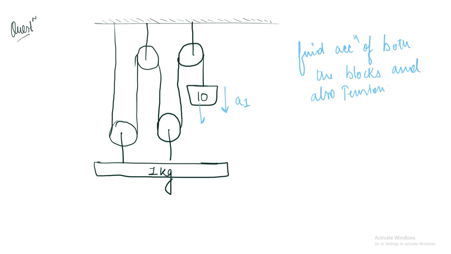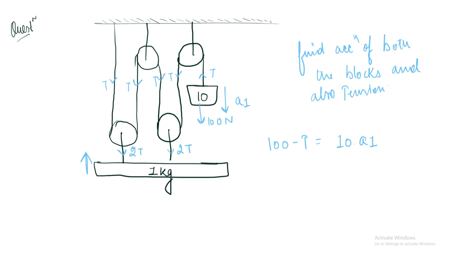Now consider 100 Newton is acting downward. If this is T, this is also T, and here it will be 2T, here also 2T. So 100 minus T is equal to 10 a1.